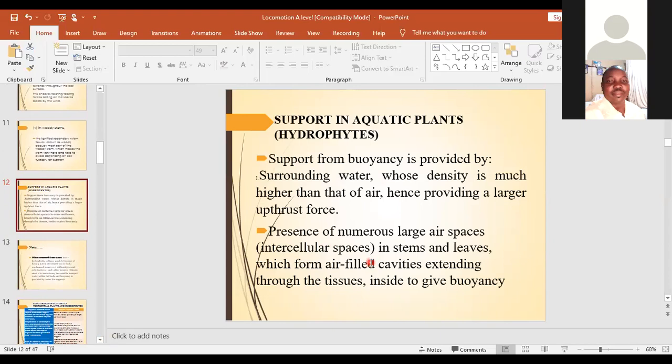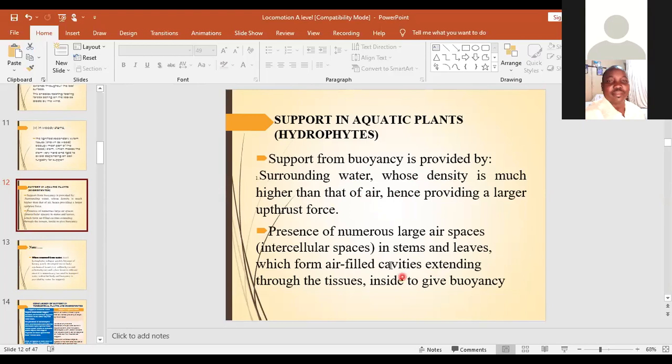So how do aquatic plants get their support? By the way, aquatic plants don't need a lot of support because for them, the water that they are in is much higher in terms of density than the air. So it provides a great upthrust force and therefore maintains them in their position.